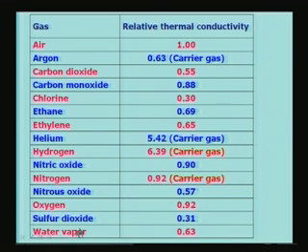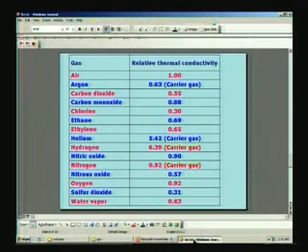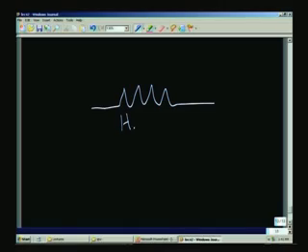For that, let me try to explain it by showing what is going to happen. Suppose I have a heated filament.